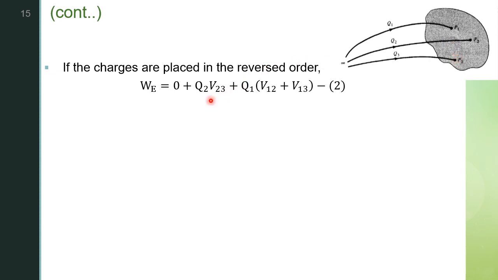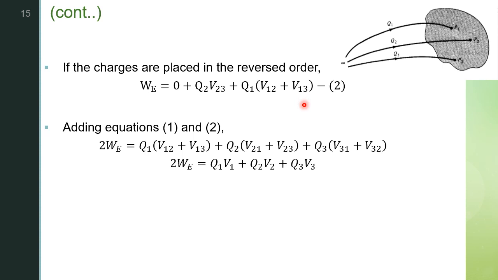So it is Q2 into V23, where V23 is the potential at point 2 due to the charge Q3. And when you bring the last charge Q1 into the system, it will depend on charges already present at P2 and P3. So it is Q1 into V12 plus V13, where V12 is the potential at 1 due to Q2, and V13 is the potential at 1 due to charge Q3. Mark it as equation 2.